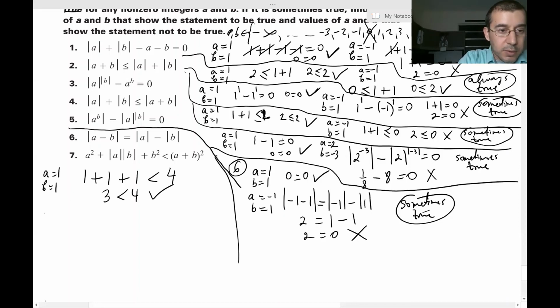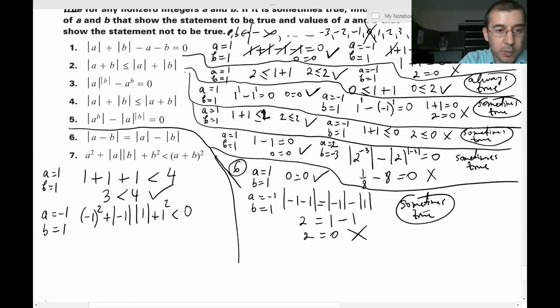And let's try a equals minus 1, b equals 1. So a squared, so minus 1 squared, plus absolute value of minus 1 times absolute value of 1, plus 1 squared, less than a plus b. So minus 1 plus 1, they cancel out, so 0. 0 squared is 0.